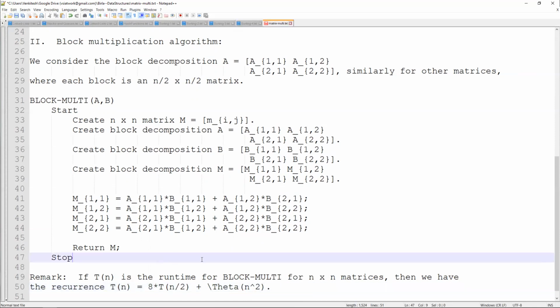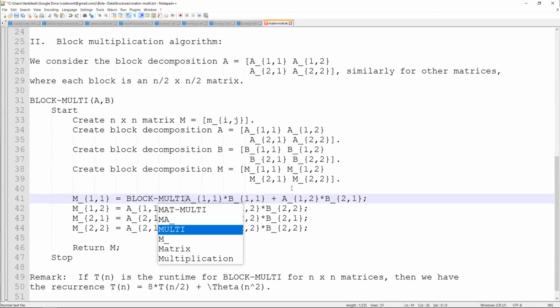Why is 8? Because again, this matrix multiplication, A11, A12, these multiplications are done using block multi for the smaller ones. Okay, so now you get the idea where the recursion is coming. There is a small mistake here, the way I wrote it. We are supposed to use recursion. So the recursion step comes here.